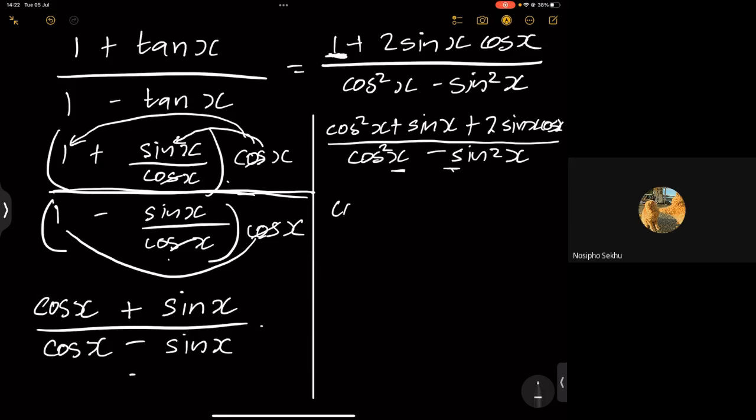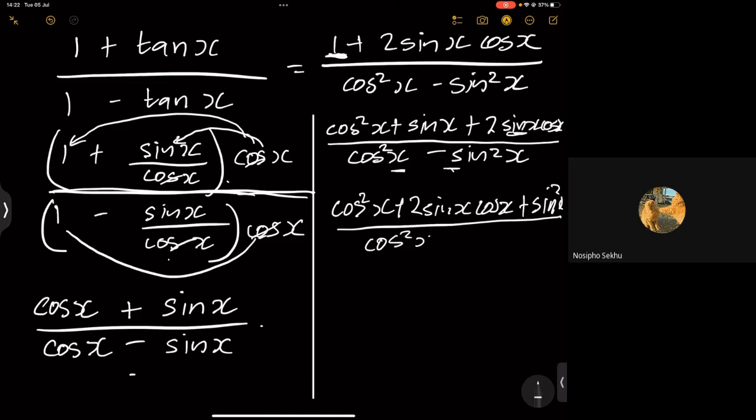So I've got cos squared of x plus 2 sine x cos x plus sine squared of x. Do you agree with me? I didn't change anything about the top part, ne? Cos squared of x minus sine squared of x.